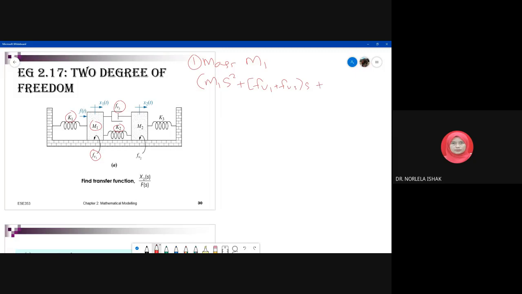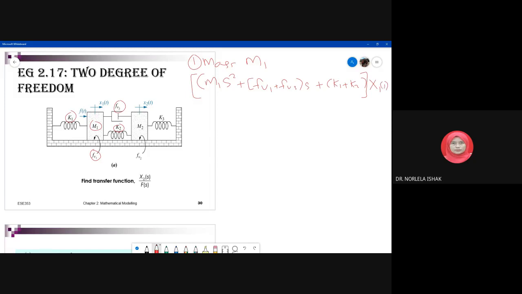Plus dengan we have 2 springs, right? Betul tak? Kita ada 2 springs, and then we multiply with X1. Betul tak? Okay, dia akan jadi macam ni. Okay, is it correct? Like this? And this is in terms of X1.